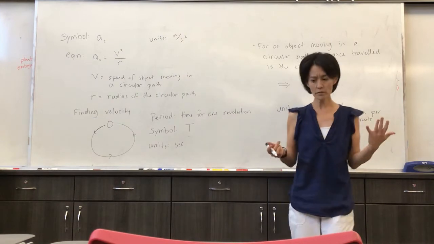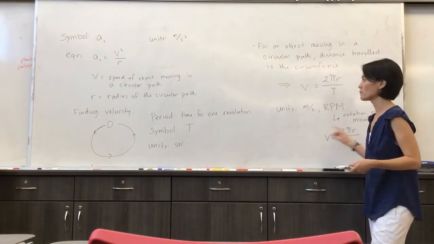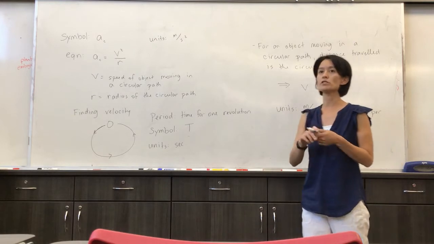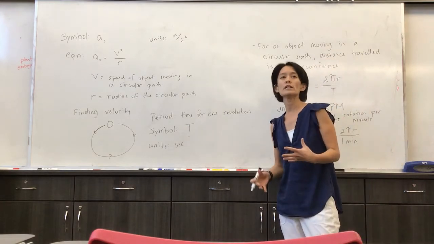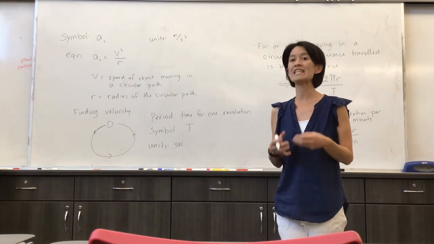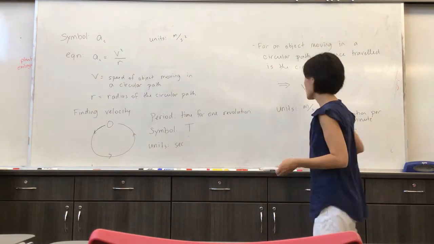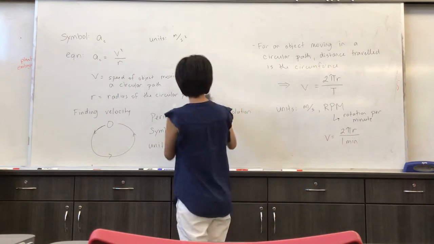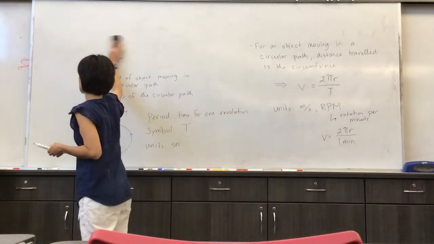Now, in the previous statement here, I said that the centripetal acceleration is an inward acceleration that's caused by a net inward force. And so that force is called the centripetal force.